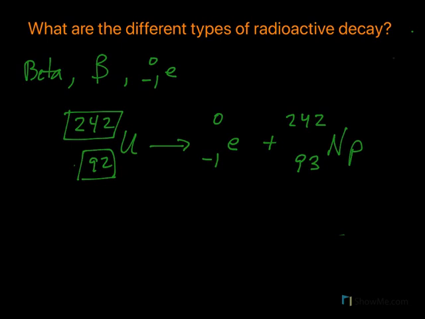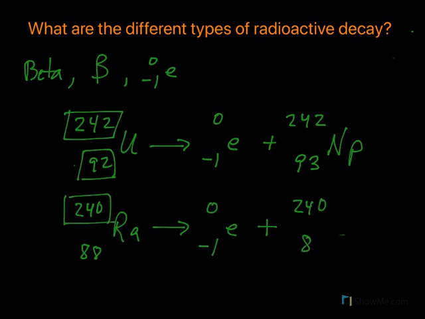Let's take another example. Let's go to radium-240. Let's go through a beta decay with radium. Again, it's a beta particle. And again, the number here must be 240. 240 plus 0 is 240.